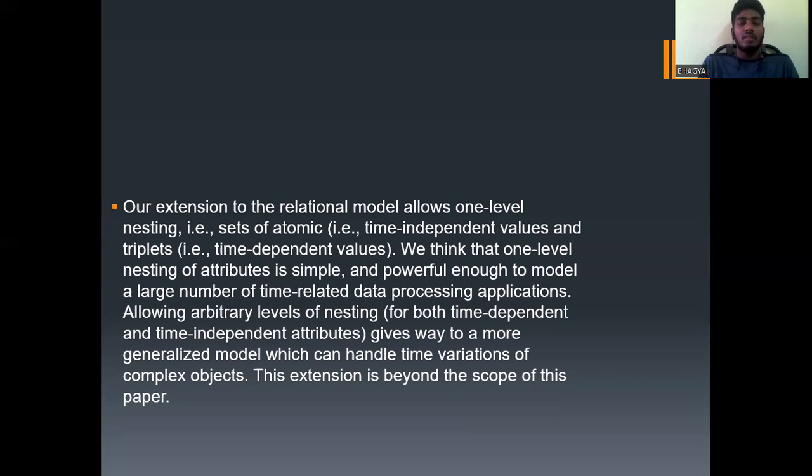Allowing arbitrary levels of nesting for both time-independent and time-dependent attributes gives way to a more generalized model which can handle time variations of complex objects. This extension is beyond the scope of this paper.